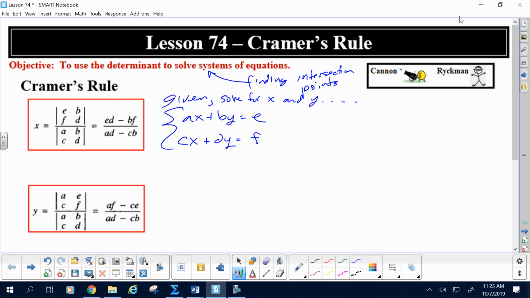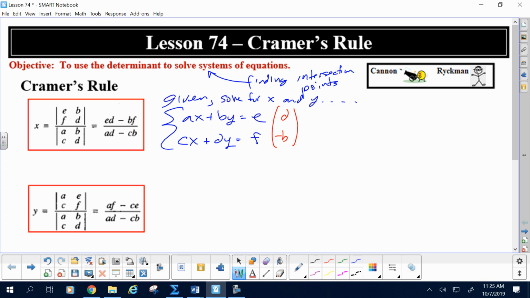You've been doing that, right, lately, yes? So if I solve for x, then I want to eliminate y. How do you want to eliminate y? Okay, multiply one by d and the other by negative b.